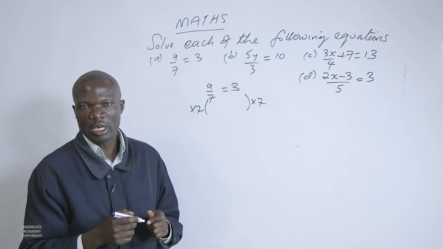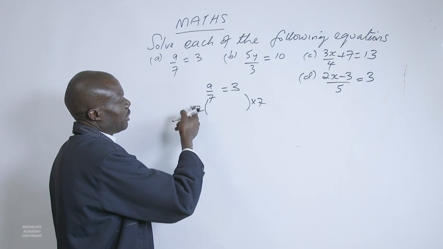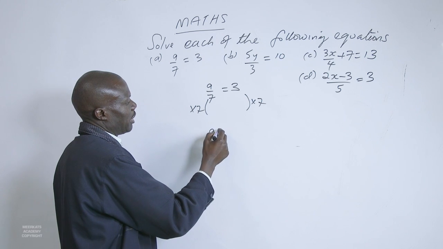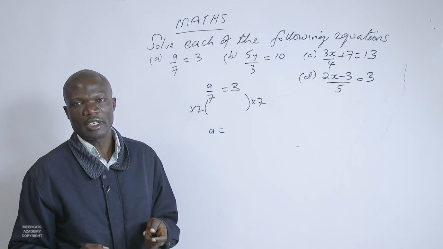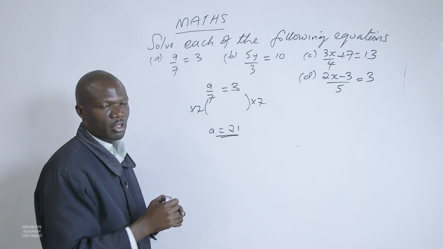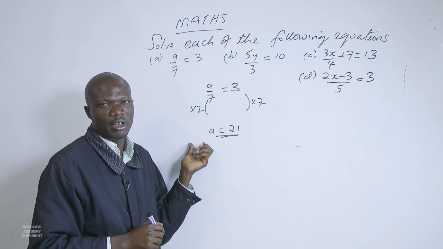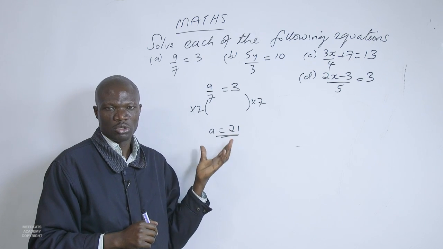The denominator here is 7. So a over 7 times 7 gives us a, and 3 times 7 gives us 21. Therefore, for this first part, a equals 21.